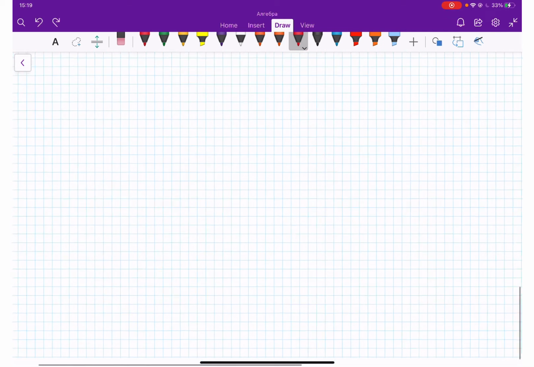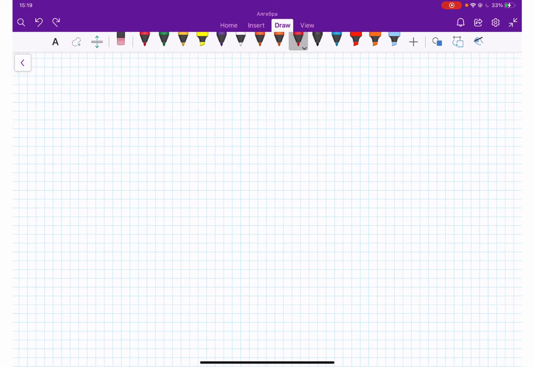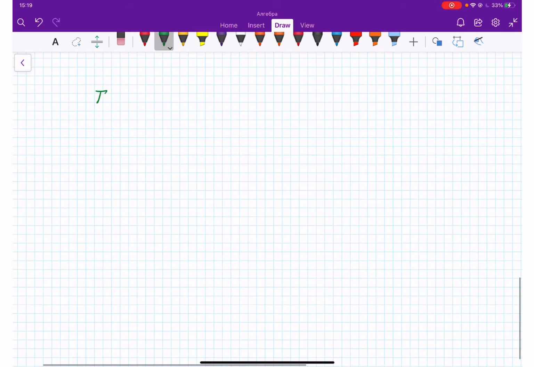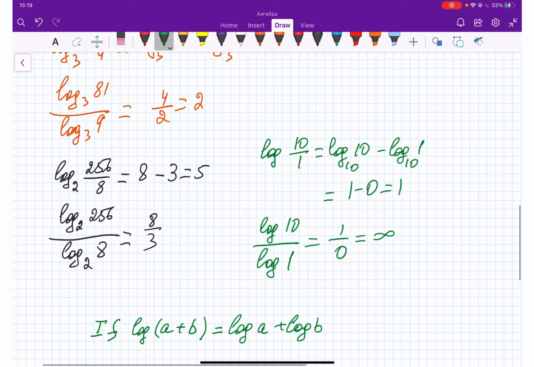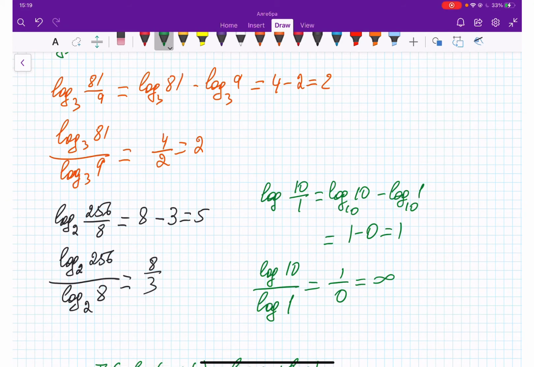Moving to the next question I would like to cover. So, if log of a plus b is equal to log a plus log b, well, based on property it's not equal, but if it is equal, let's say just some coincidence, just like we had here with 4 and 2, remember?